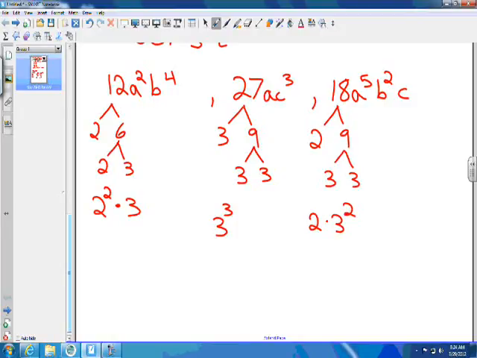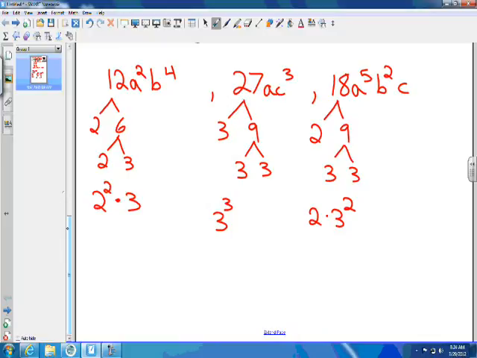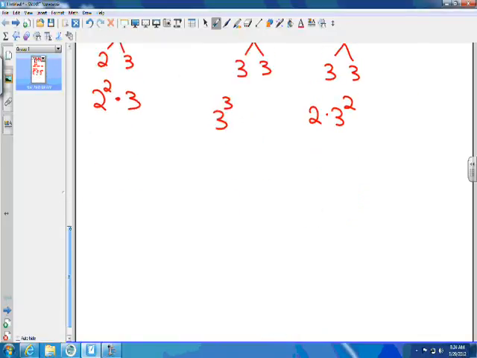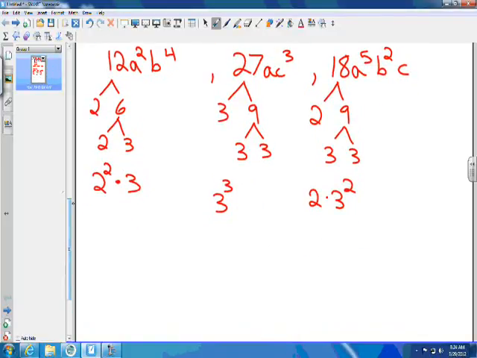So you do the same thing you do with the variables if that's the method you choose. So what's the first number that we see? 2. What's the highest one? 2 squared. So for your LCM, which is what you're finding, you have 2 squared, and then the next number you have is 3. What's the highest? 3 to the third. So if you type that in your calculator, it will tell you 108, and that is correct. 4 times 27 is 108.